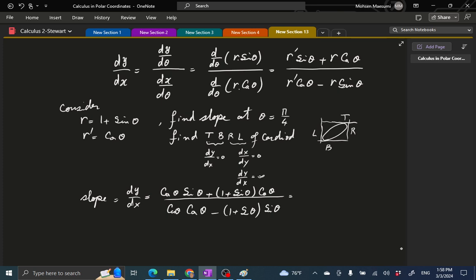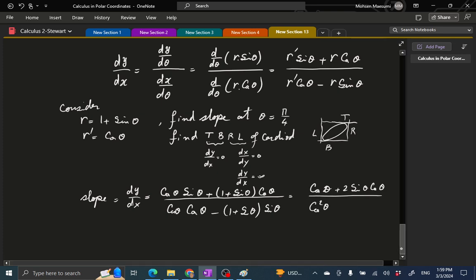You might try to simplify that much. Sine cosine, another sine cosine. So I'll have cosine theta plus 2 sine theta cosine theta. Denominator is cosine squared theta minus sine squared theta, and then minus sine theta if you wish.